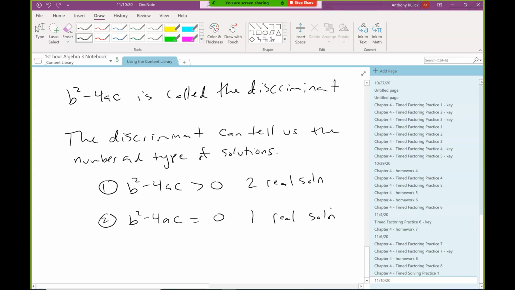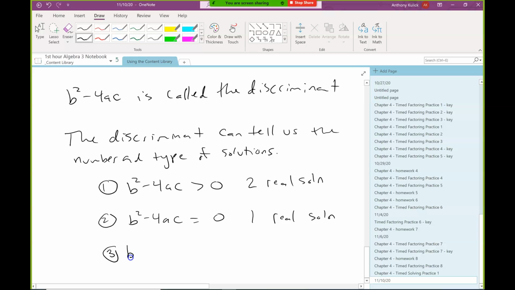If we're trying to solve that quadratic, x plus 2 times x plus 2, we're going to get the same solution twice. We're going to get negative 2 for the first factor and then negative 2 for the second factor. We're going to count that as one solution because it's the same answer twice. So that's what I mean by one solution, you're just getting the same answer twice.